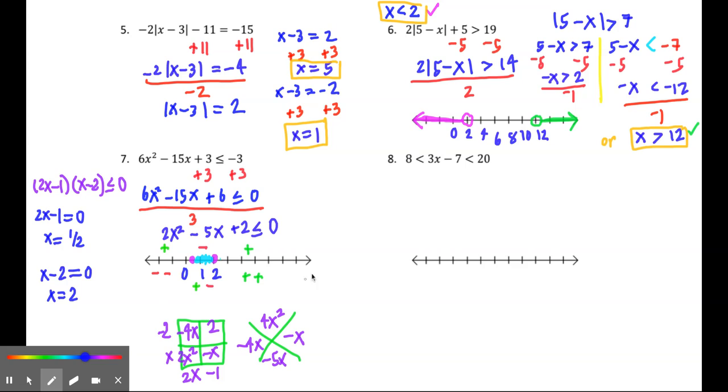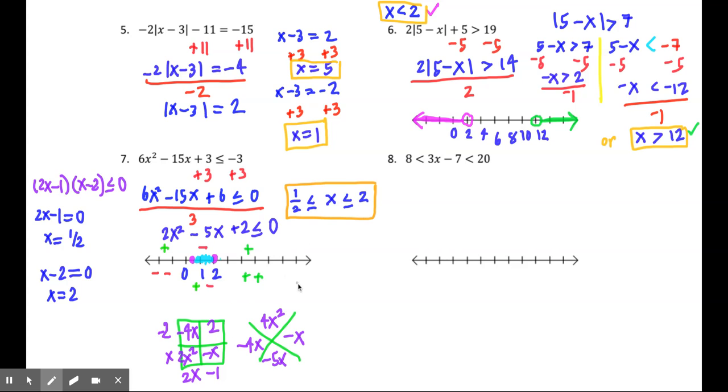And so our answer is that section, which is when x is between our 2 boundary points, 1/2 is less than or equal to x, which is less than or equal to 2. So that's our answer.